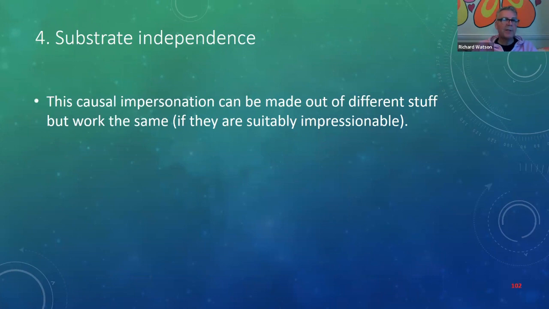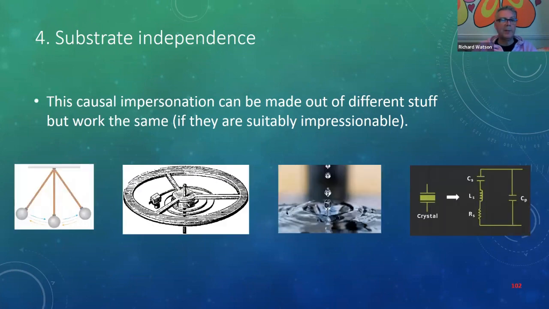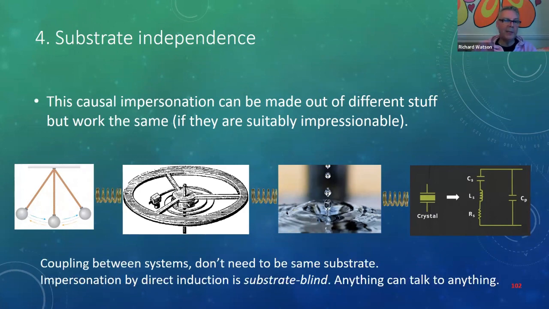This needs to be substrate independent. The causal impersonation can be made out of different stuff, but work the same if they're suitably impressionable. So we could have a pendulum that keeps time, or a rotary timekeeping device, or the drip of water, or an electrical circuit with a vibrating crystal in it. And the coupling between those different substrates should work the same, that they can do causal impersonation of one another, even though they're made out of different stuff.